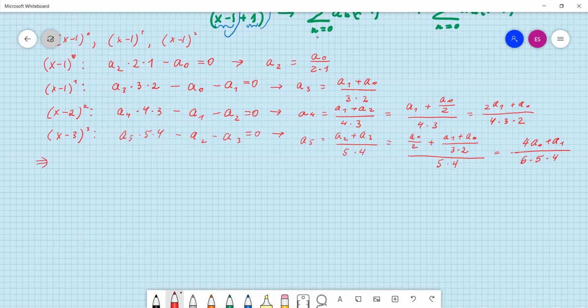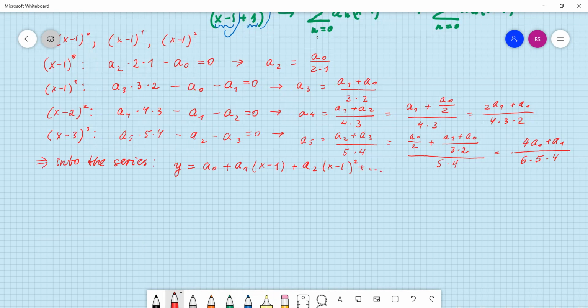Okay. Well, now it's time to probably plug everything into the series. Plug coefficients into the series. And the series is going to look like what? y equals a0 plus a1 times (x minus 1) plus a2 times (x minus 1) squared and so on, right?